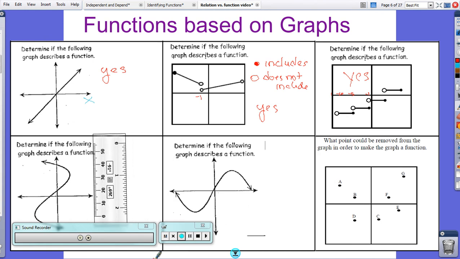Now, what do you think about this one? If you run the ruler across this function, are you going to touch an x value twice? Are you going to touch the function twice?